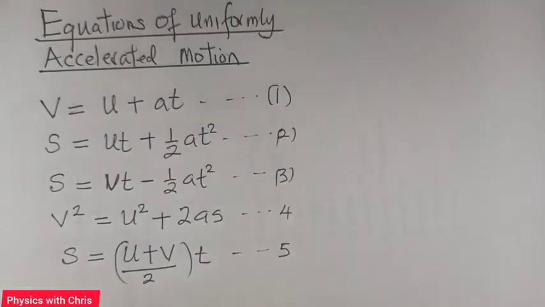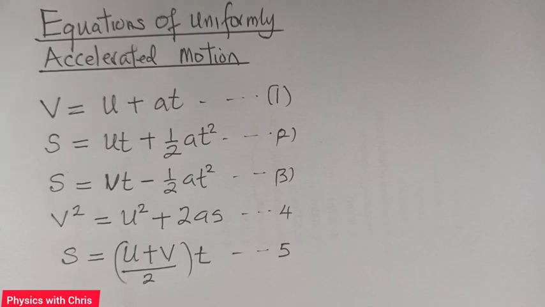Deriving the equations of motion, that is, equations of uniformly accelerated motion. In my previous videos, I defined acceleration as the velocity change of a body over the time taken for the change. That is, if a body must accelerate, its velocity must change with time.